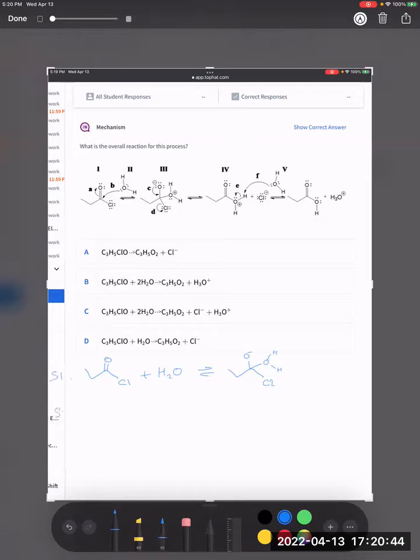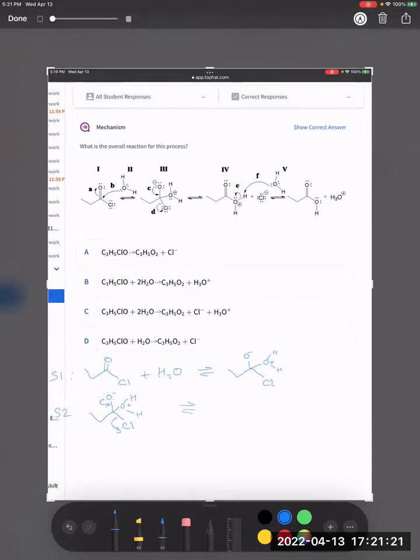Okay, in the second step, we're dealing with that molecule, which has a positive and negative charge. Here, what is happening is one of the lone pairs of oxygen is going to make a double bond between that carbon and oxygen. And then at the same time, the carbon chlorine bond breaks.